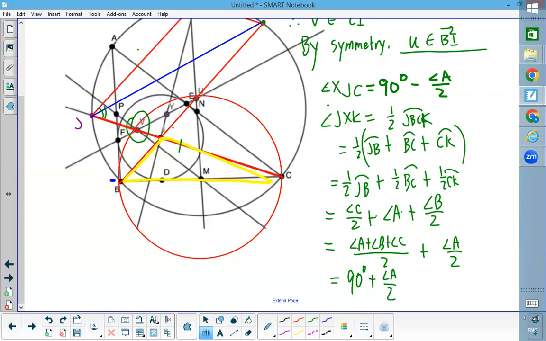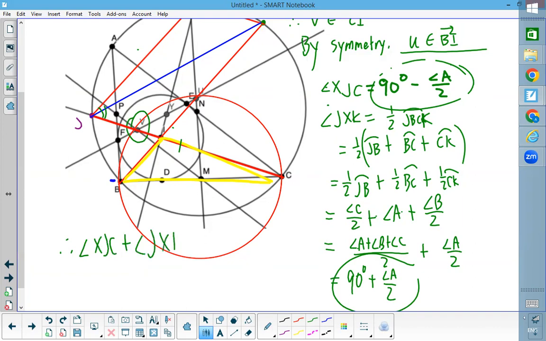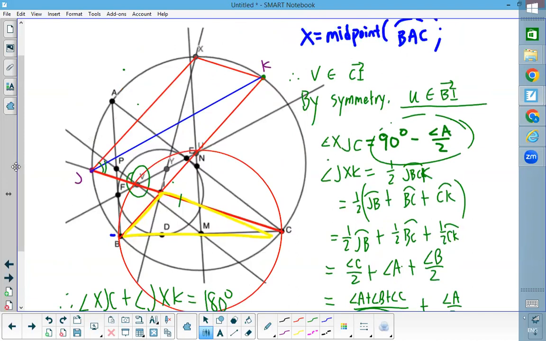That means the sum of these two is equal to 180. So angle XJC plus angle JXK is equal to 180 degrees. By the parallel axiom, the same side interior angles add up to 180, therefore the two lines are parallel.